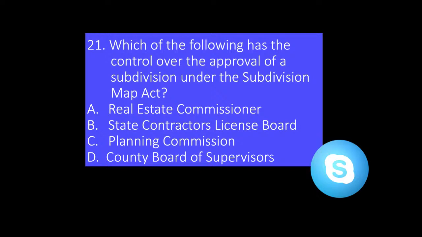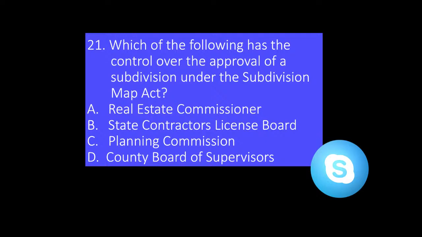Planning commission, just for education purposes: if you want to apply for a subdivision, subdivision means you are dividing a lot into smaller lots. When you're trying to subdivide, you don't apply to the state. You apply to either the city or the county. If the city has a city council, you apply to the city.